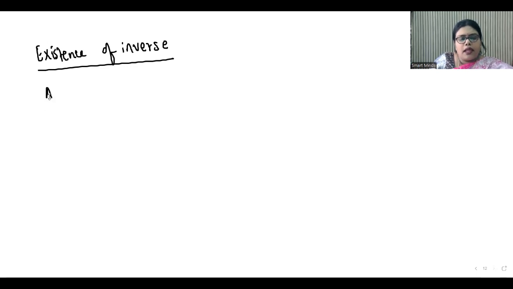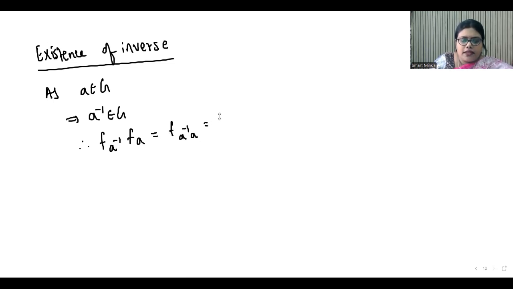Next, we need to show existence of inverse. How do we prove this? As A belongs to G, which implies A inverse belongs to G. Therefore, F A inverse into FA is equal to F A inverse A is equal to FE.